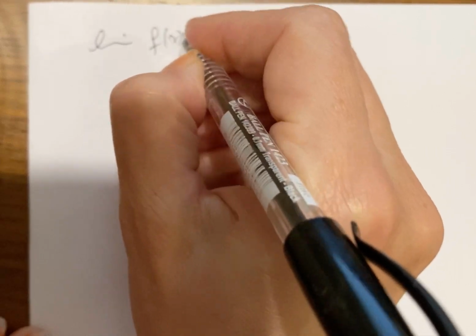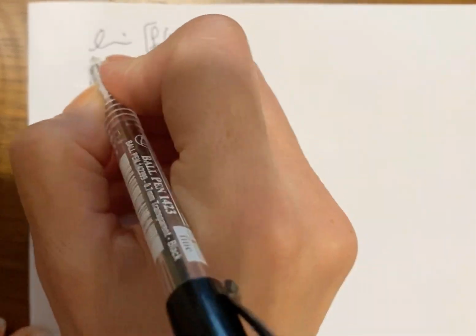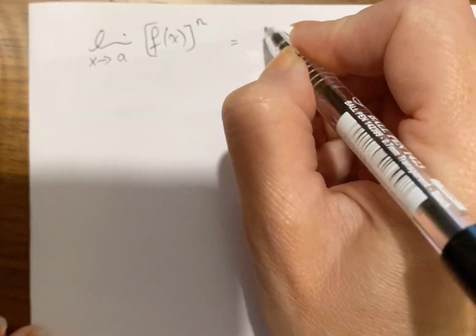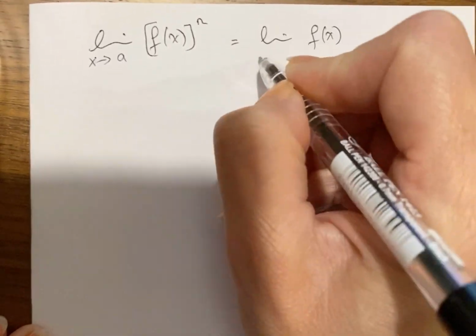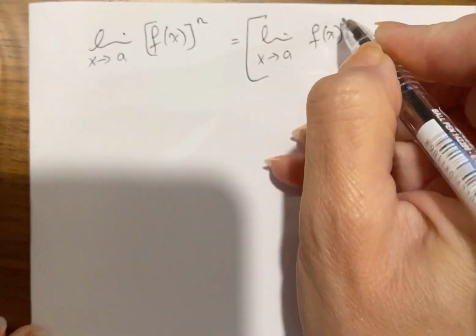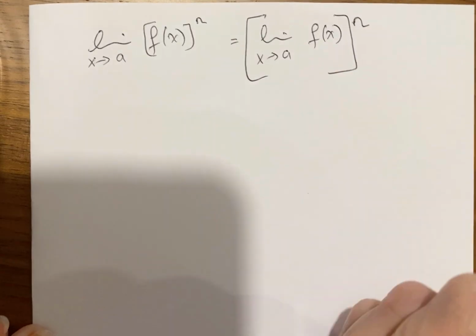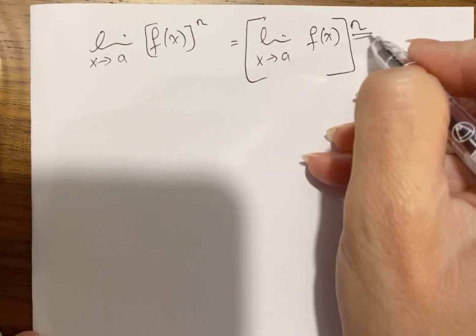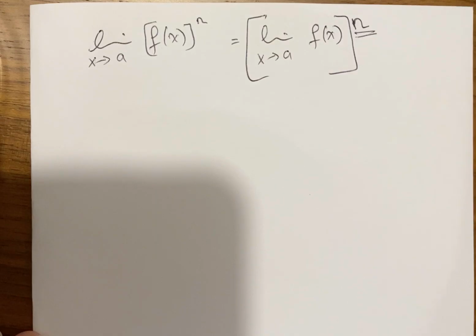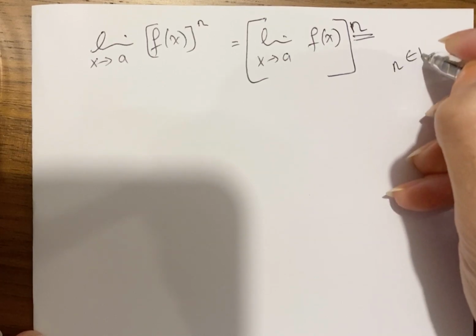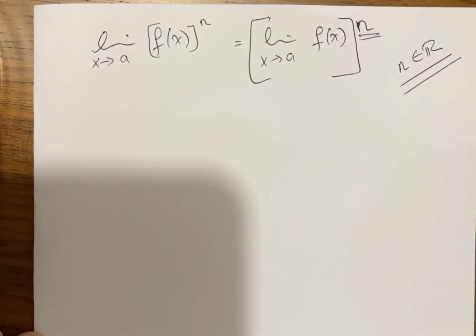The limit of f of x, where f of x is raised to the power n: I get the limit of f of x one time, and the answer, I raise it to the power n. Does this have to be a natural number 1, 2, 3, 4, 5, and so on? No, actually, it can be any real number.